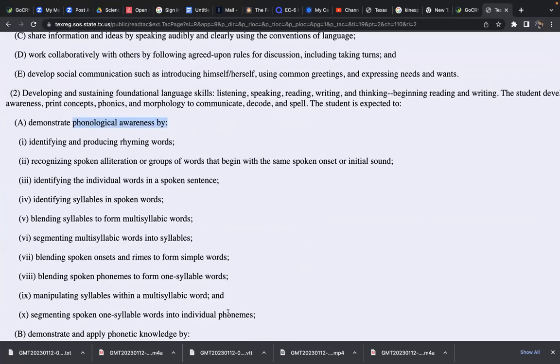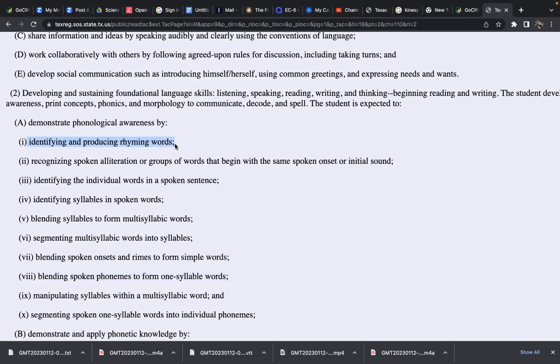In order to demonstrate as a kindergartner that you have phonological awareness, you have to identify and produce rhyming words. And it's important to note that these go in order. You're not going to, if you're feeling frisky on day 2 of kindergarten, begin with blending spoken phonemes to form one syllable. You're not going to start here at number 8 because they haven't even demonstrated phonological awareness, knowing, identifying rhyming words, individual speech sounds.